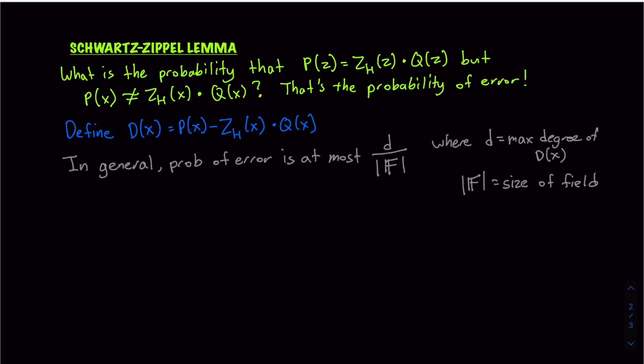In that case, the probability of randomly picking a z where d of z equals 0 when d of x is not the zero polynomial is minuscule, essentially 0. If a smaller field needs to be used, for example of size 2 to the power 64 or 2 to the power 32, we can pick a few independent random points like z1, z2, etc. to further reduce the chance of error.